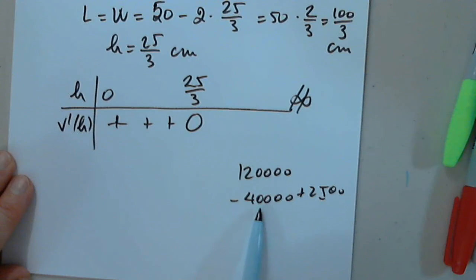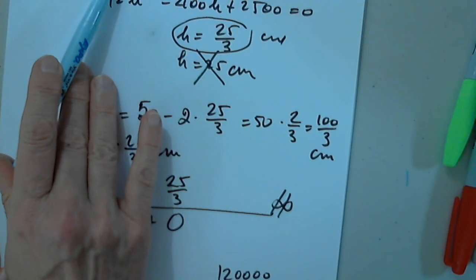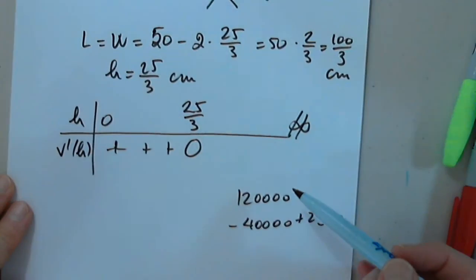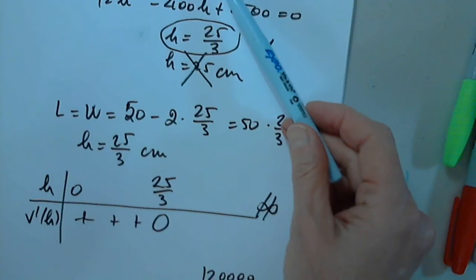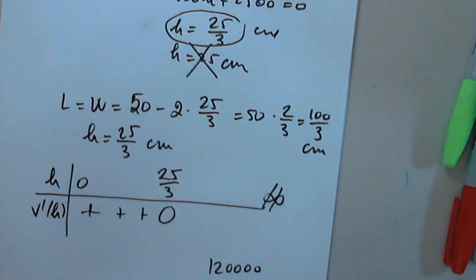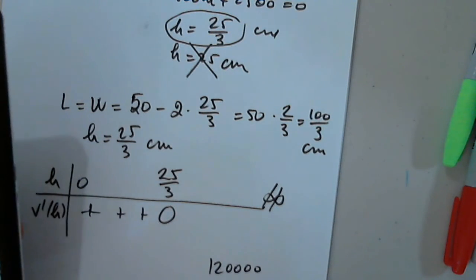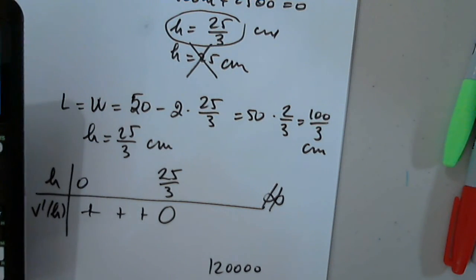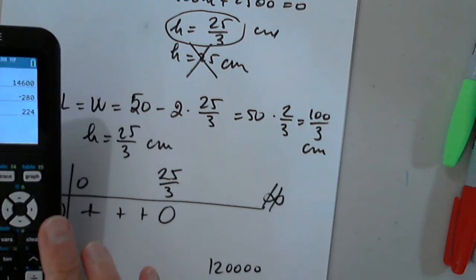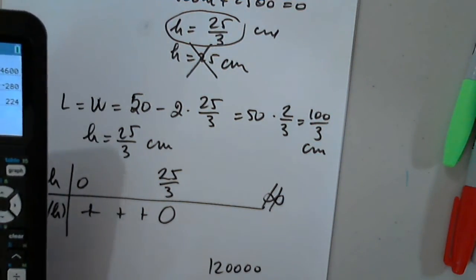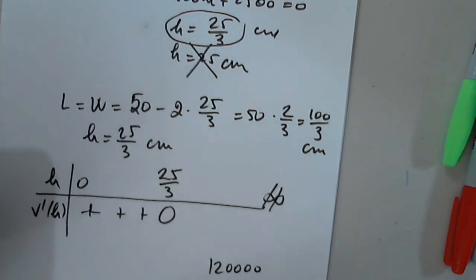So it has to be negative. So I'm just trying to see how I can show you, or I just plug it in the calculator.